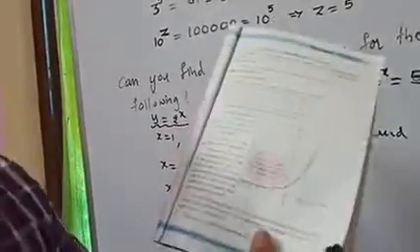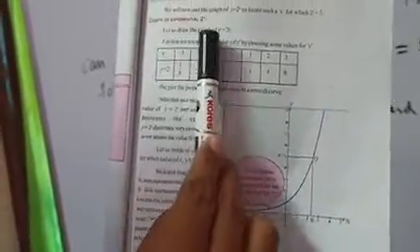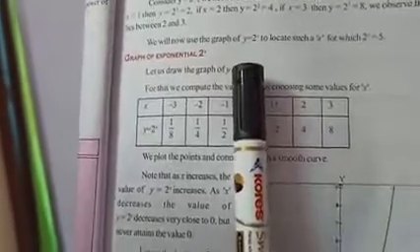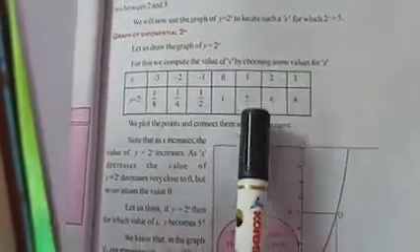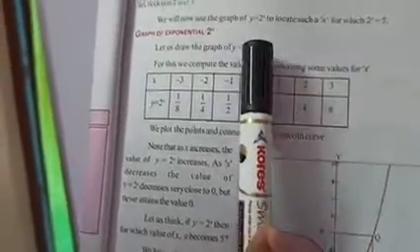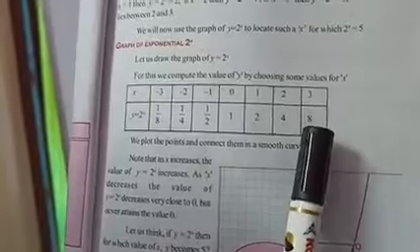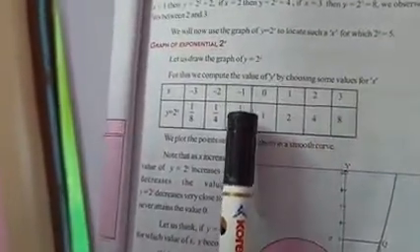See here, let us draw the graph of y equal to 2 power x. These are the values. If you take x equal to 0, 2 power 0 is 1. If you take x equal to 1, 2 power 1 is 2. If x equal to 2, 2 square is 4. If x equal to 3, 2 cube is 8. If x equal to minus 1, 2 power minus 1 is 1 by 2.